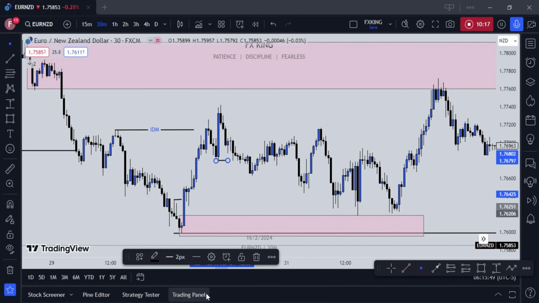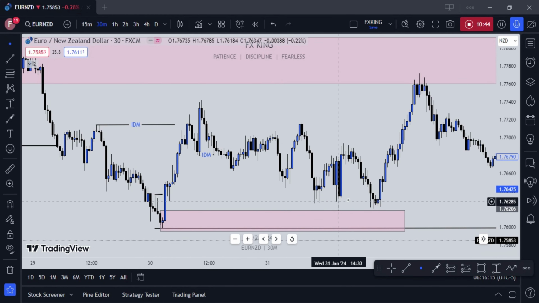So after price took out our inducement at this level in the internal structure, we started looking for our buys. So we got this nice point of interest here. This could have also served as another point of interest, and that could have given you maybe about 1:6 risk to reward here.